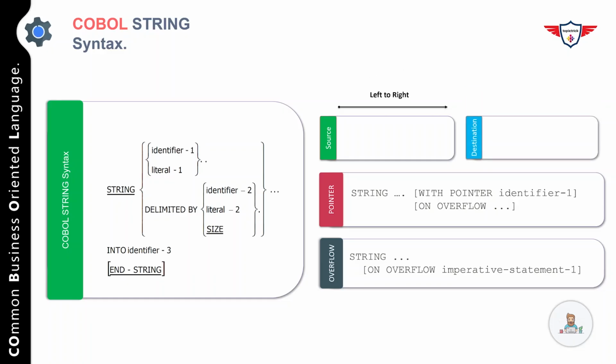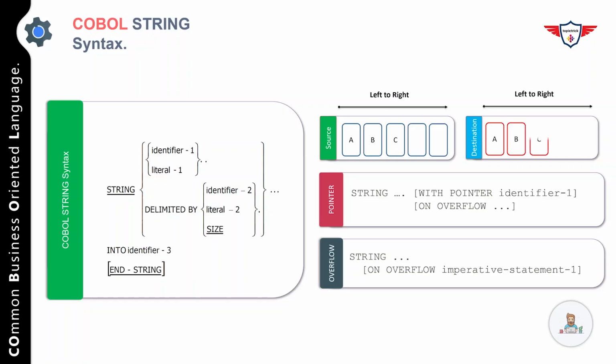So far you've learned that the STRING statement is used to concatenate data from two or more variables. And to concatenate data, the STRING verb moves characters from the source string to the destination string. Data movement is from left to right. The leftmost character of the source string is moved to the leftmost position of the destination string.